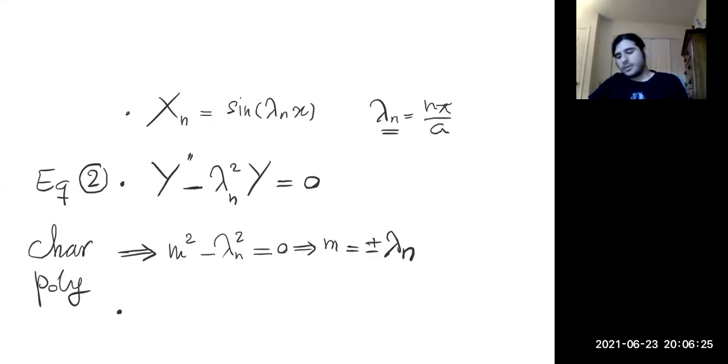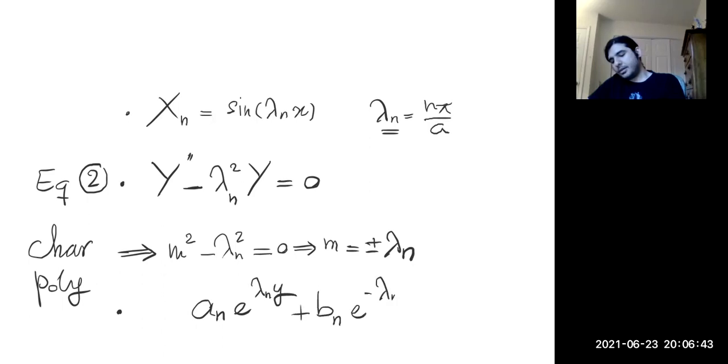Y can be a linear combination, I would show it with a_n, a linear combination of e to the lambda n y plus b_n e to the minus lambda n y. So this would be Y n. So for each n, we get one of these solutions Y n.